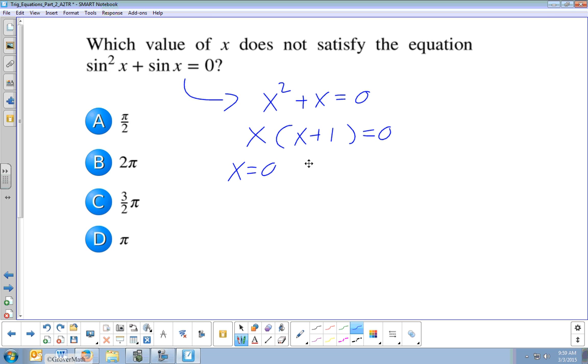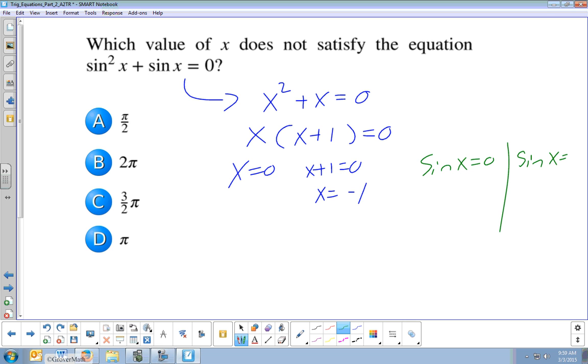So x equals 0, x plus 1 equals 0 becomes x equals -1, and then convert it back to sine. So sine x equals 0, and sine x equals -1.